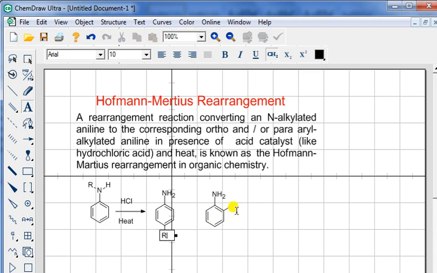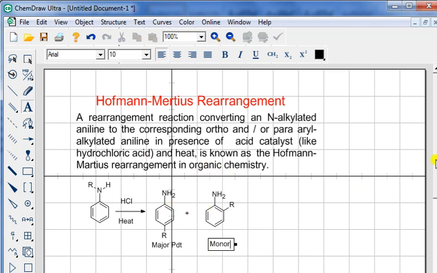Then we double click here and it comes automatically, and we put a plus sign, as both compounds form. You can write here, this is the major product, and this is the minor. We can also abbreviate product as PDT. Ortho is the minor, para is the major. This is the main reaction.